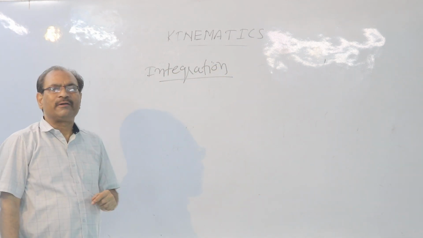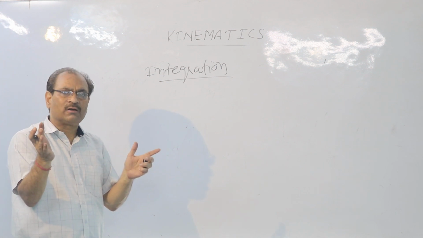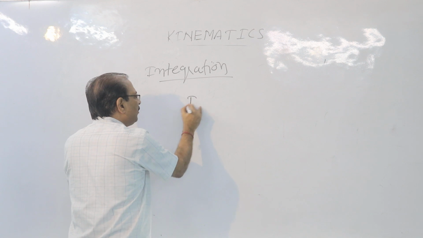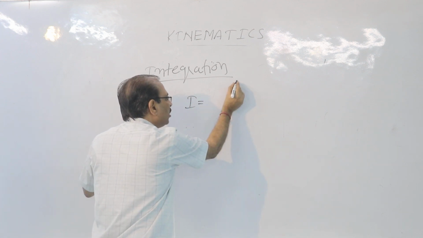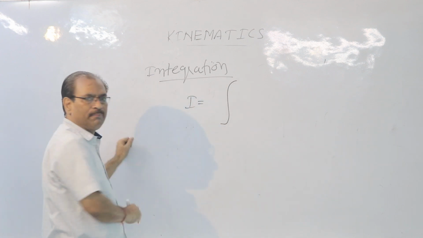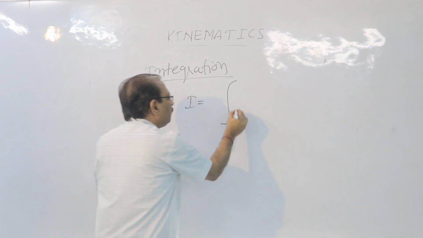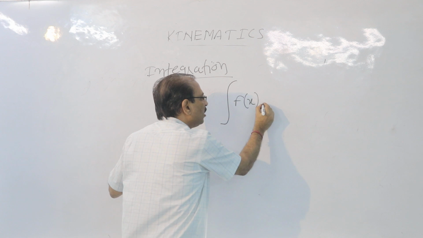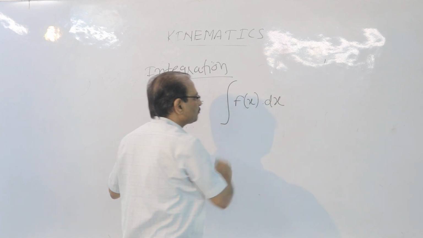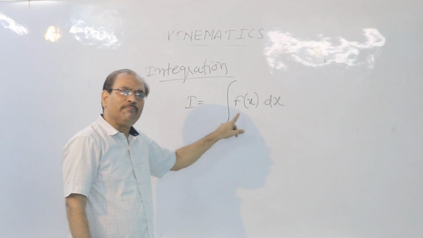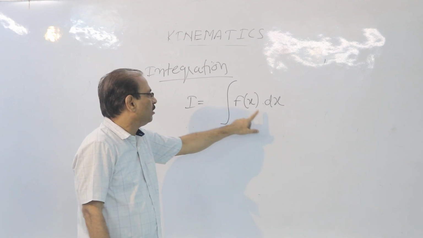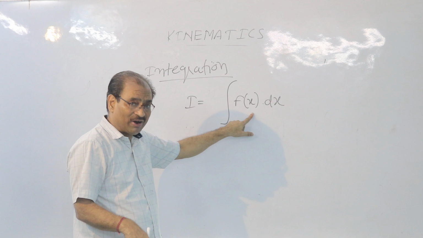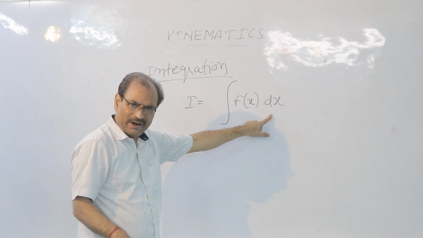First of all, let me tell you how to represent, how to write integration. Children, let it be I, it is written as, we use this type of symbol and we write some function called f(x), variable is x, and into dx. Children, the meaning of this is, you are supposed to integrate function f(x) with respect to x.